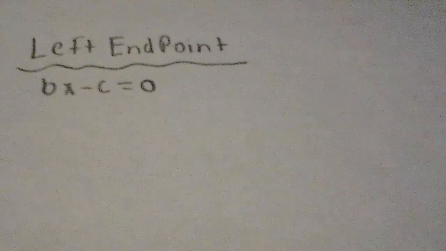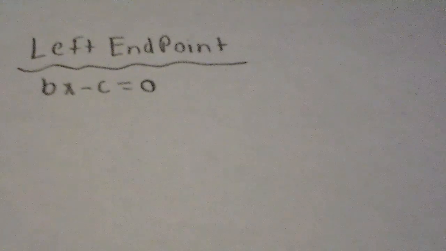The formula for the left endpoint is bx minus c equals 0. 3x minus 5 pi over 4 equals 0. Then I'll add 5 pi over 4 to both sides.